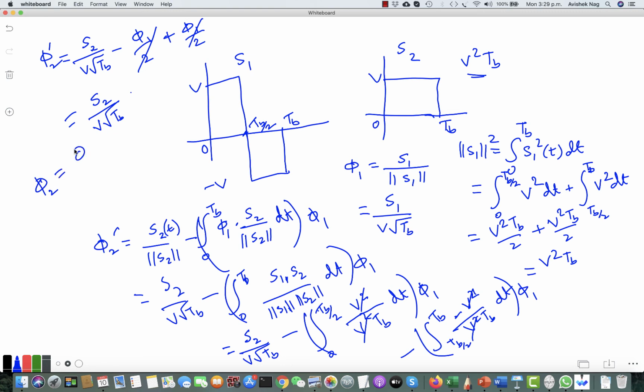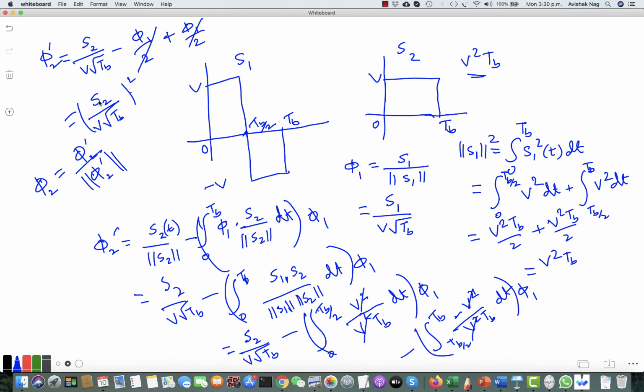by normalizing phi 2 dash like this. So what will be the norm of phi 2 dash? The norm of phi 2 dash will be the integral of the square of this quantity, integrated over all values of dt.